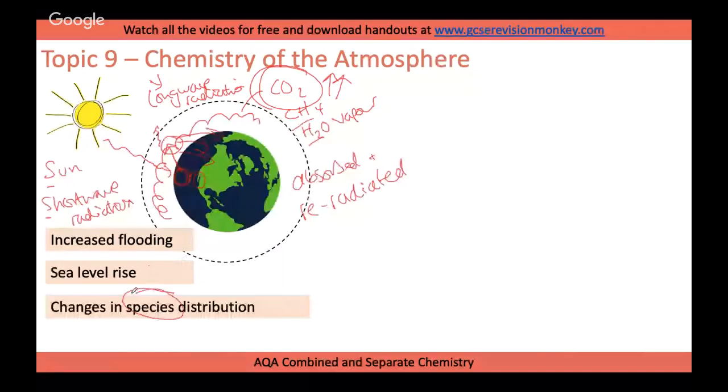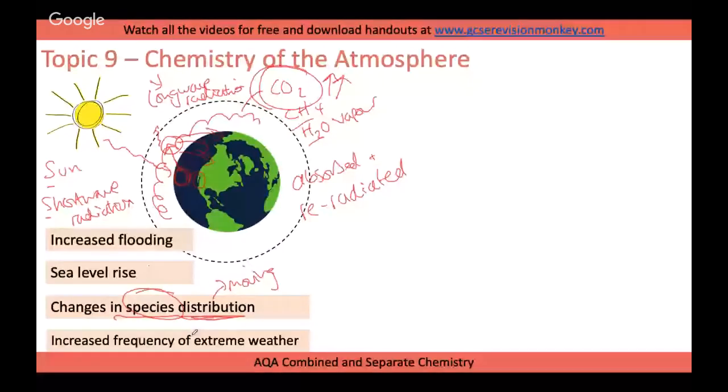So some animals are becoming extinct in different areas of the world because they can't adapt to the changing conditions, or they might move places. Okay, so this is meaning they're perhaps migrating away and moving to different areas. Increased frequency of extreme weather, so hurricanes and tornadoes and things like that. So there's a few of the consequences.